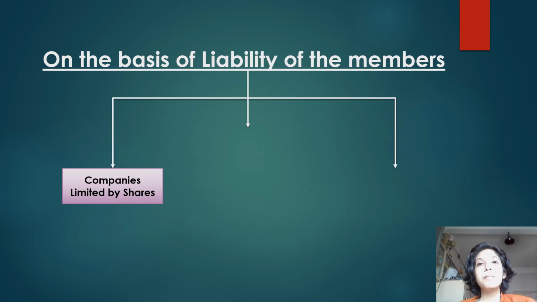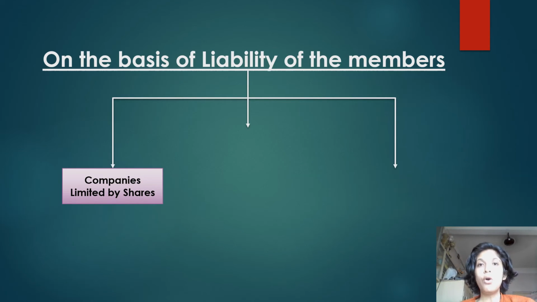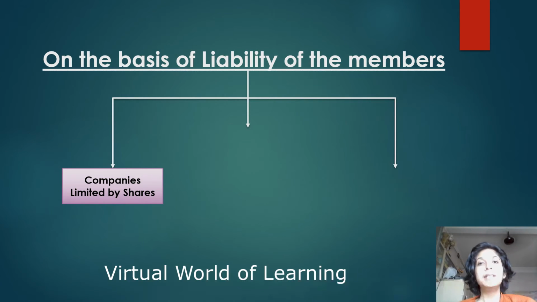Now, at the time when the company wants to close down, it will obviously be paying all the debts. It should be clearing all the debts towards the other parties. Now, whether the members of the company are liable to pay those debts or not will be decided by the type of company, right? Now, the first type is companies limited by shares. Here, what is happening?